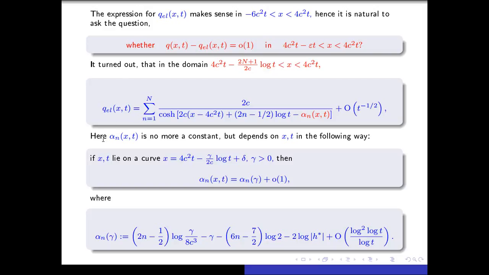This phase α_n(x/t) is not constant, but depends on x/t in the following way. They are almost constant in every logarithmic curve of the following type.